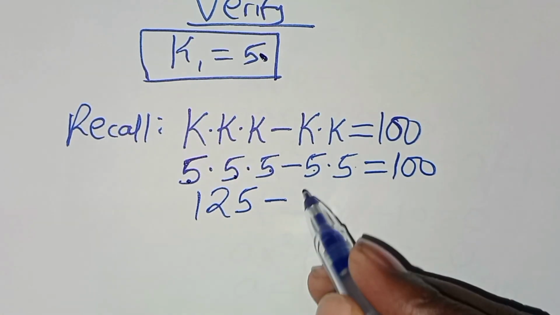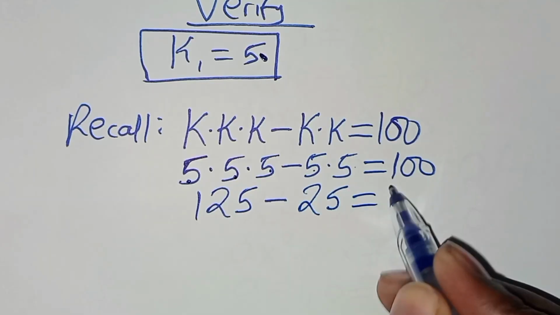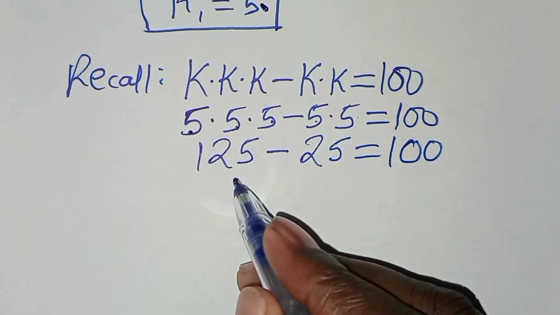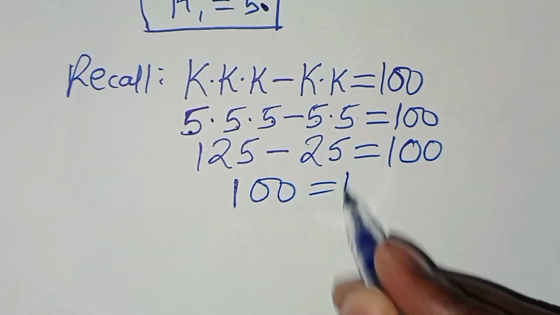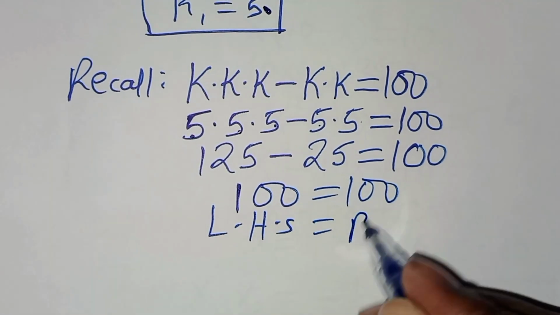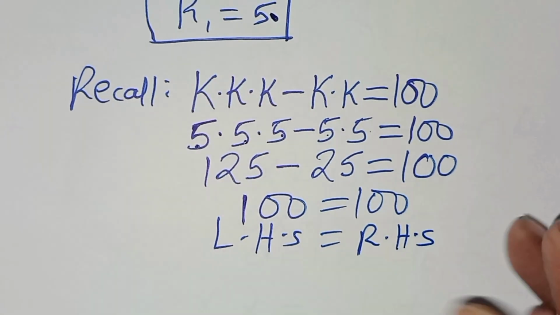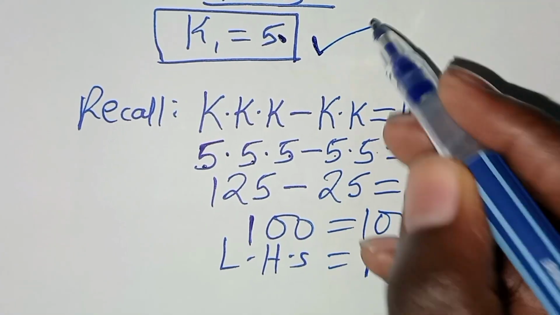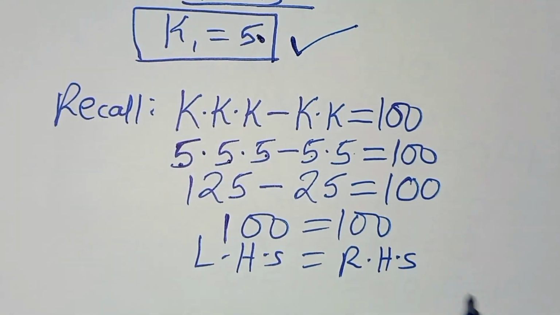Subtract 5 times 5, which is 25. 125 minus 25 is 100, which is 100. So the left-hand side is equal to the right-hand side, and that affirms that k1, which is the only real solution here, satisfies the equation.